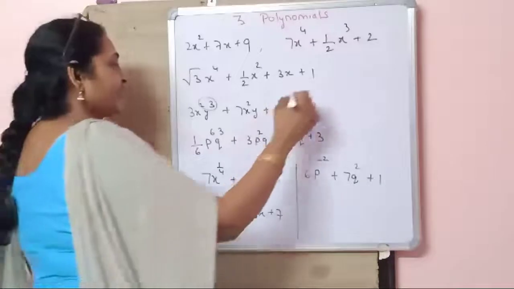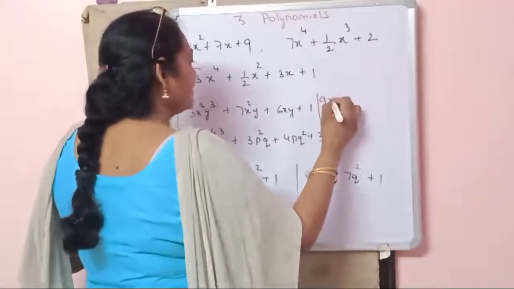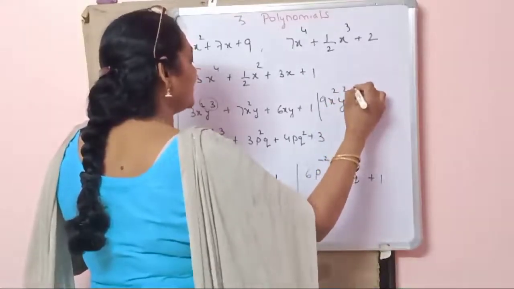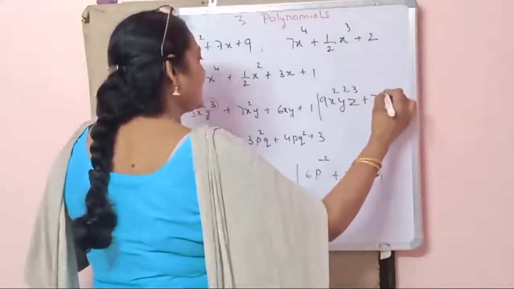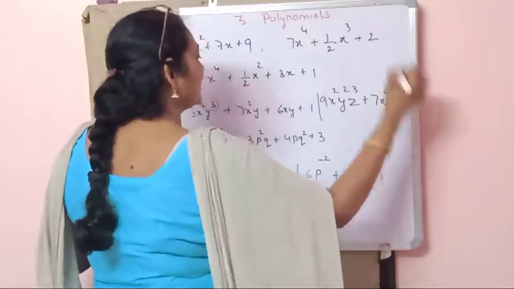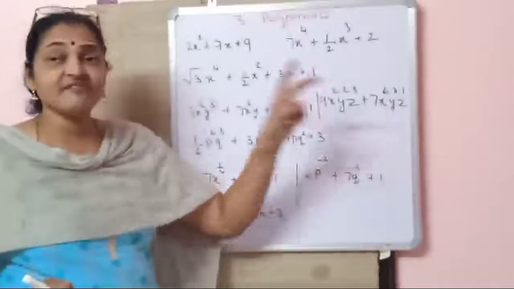Suppose there is an expression like 9x square y raised to 2 z raised to 3 plus 7x raised to 6 y raised to 3 z raised to 1. This is a polynomial where there are 3 variables.